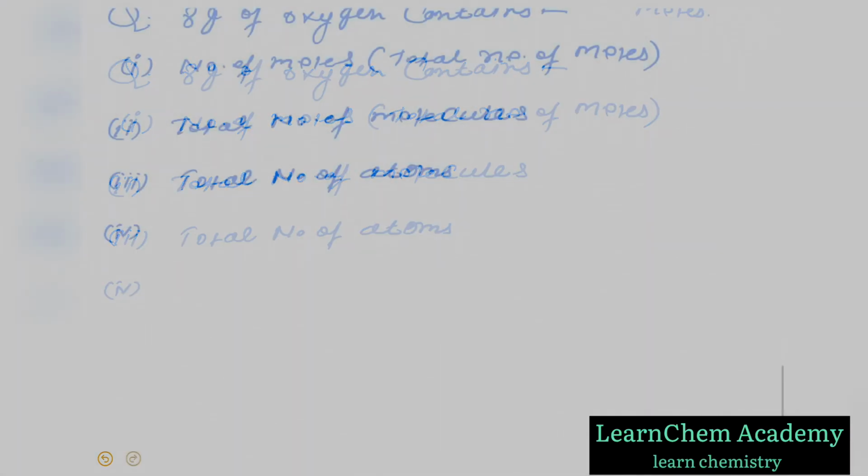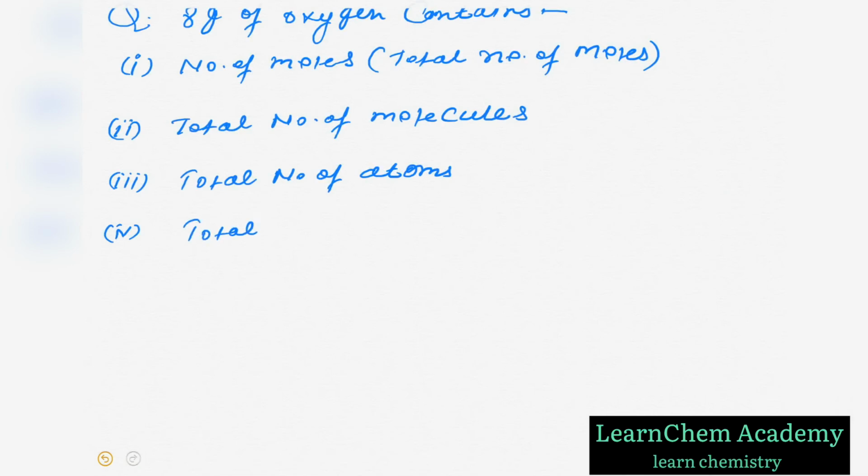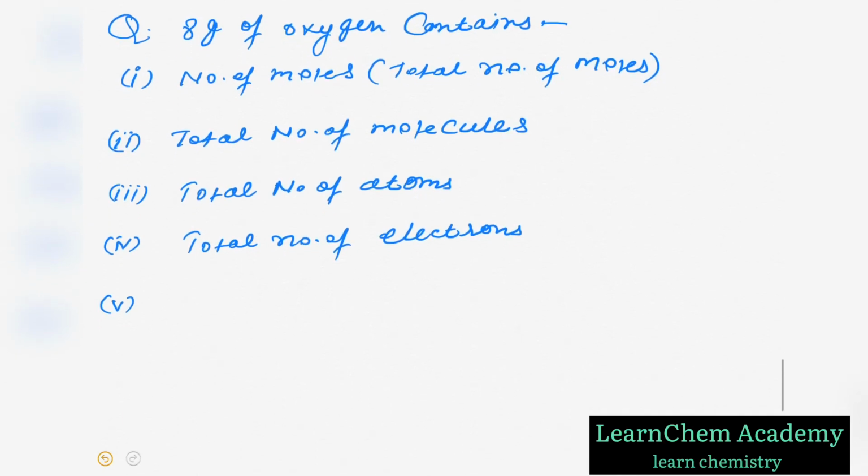Fourth one, total number of electrons. Fifth one, volume of gases. Okay, so these are the questions we have to calculate for 8 gram of oxygen.